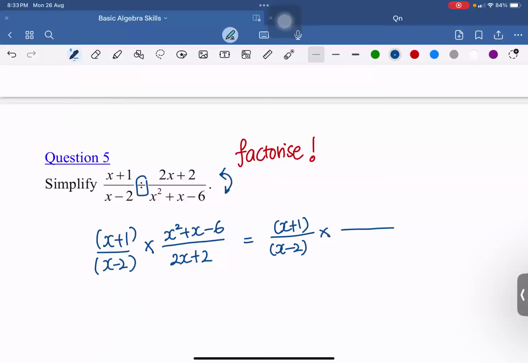Or which one do you want to factorize? Anyone? Any portion. What about this one? Take out the 2. Correct. Take out the 2. Become 2 bracket what? 2 bracket x plus 1. Correct. Very good.